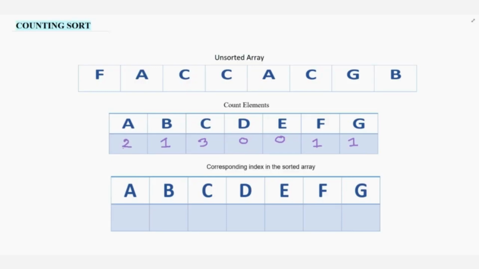So an A will be placed at index 2, a B will be placed at index 2 plus 1 equals 3, a C will be placed at index 2 plus 1 plus 3 equals 6, an F will be placed at index 2 plus 1 plus 3 plus 1, that equals 7, and a G will be placed at 7 plus 1 equals 8.